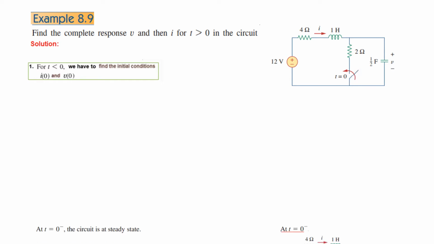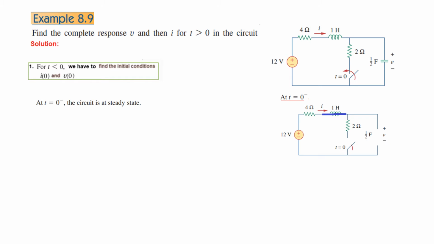So let's draw the circuit. So this is not closed. Circuit is in a steady state. Therefore, the inductor is short and the capacitor is open. Now this is for much earlier time till t0 minus.